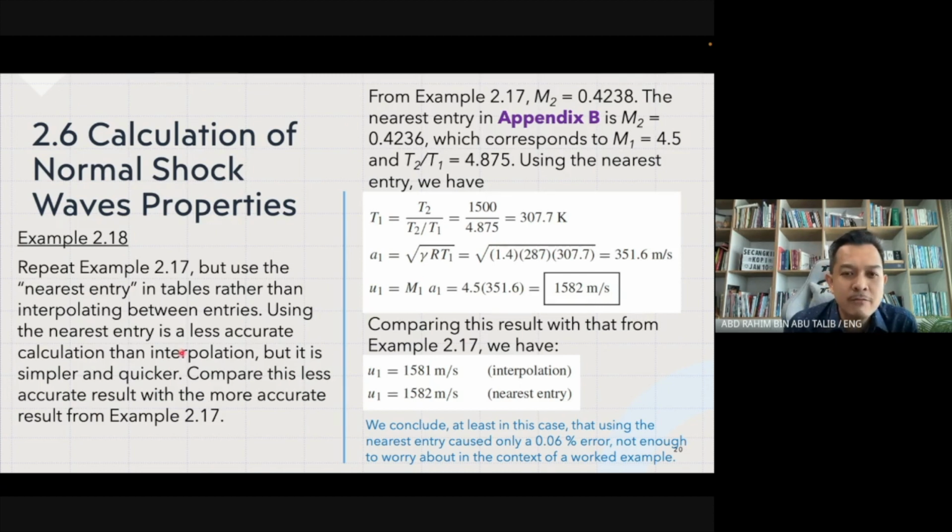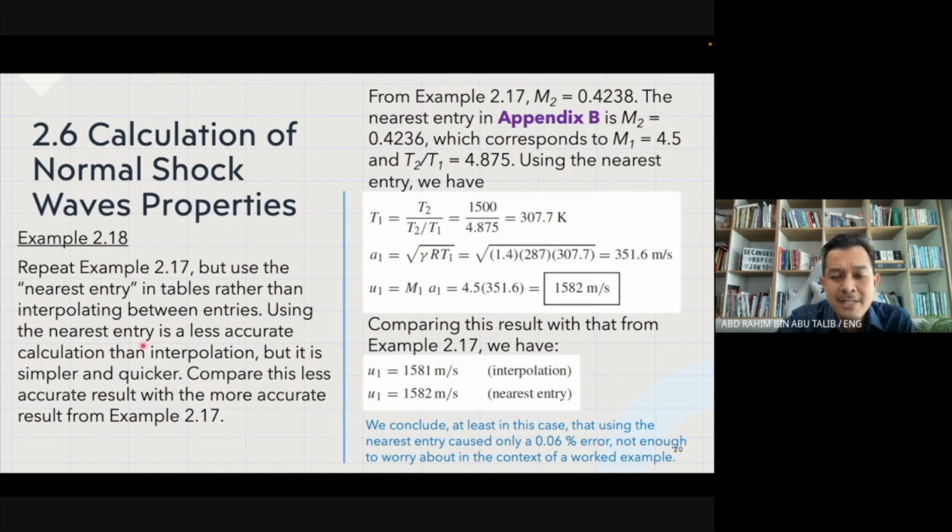Repeat example 217, but now use the nearest entry in the tables rather than interpolating between entries. So basically, you want to see how accurate we can get the values, meaning that you do not have to interpolate, you just use the nearest entry.